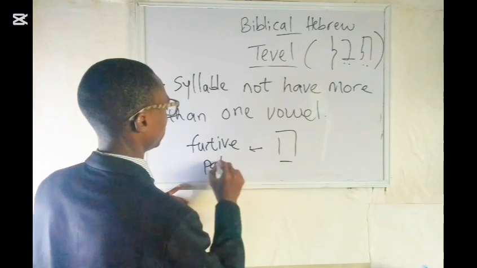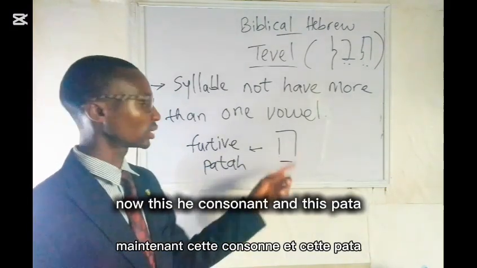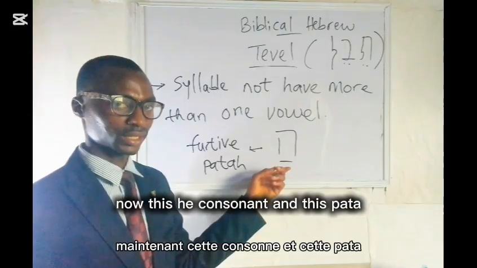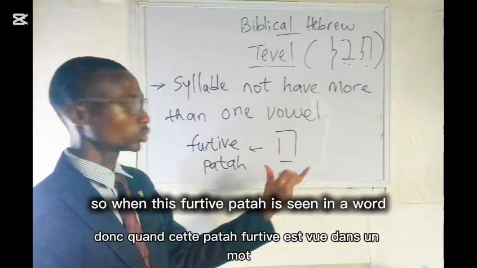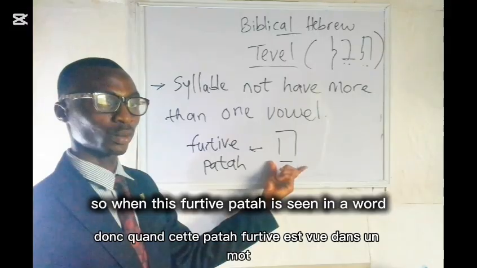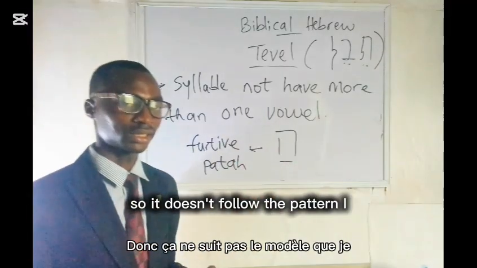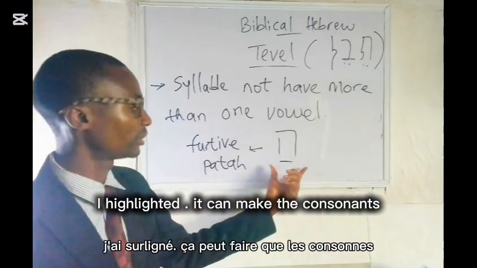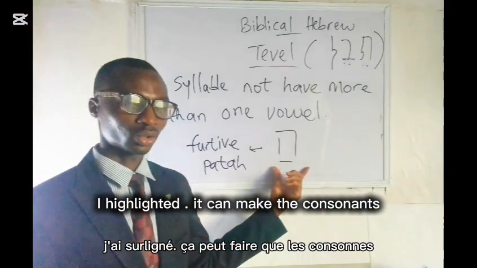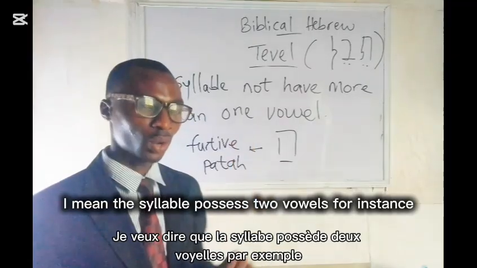Now this he consonant and this pattern. Now this is the 40th pattern. So when this 40th pattern is seen in a word, it doesn't follow the pattern I highlighted. So it can make the syllable possess two vowels.